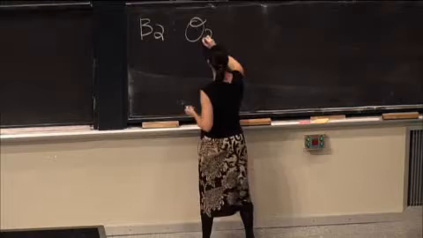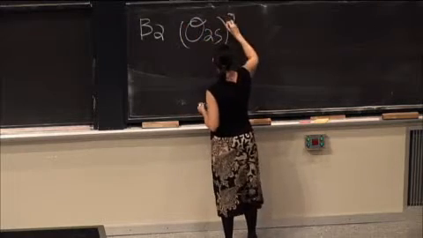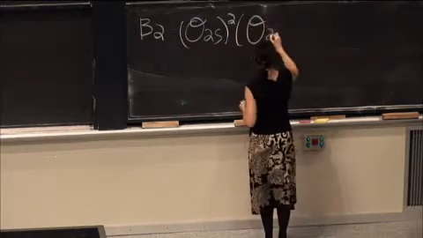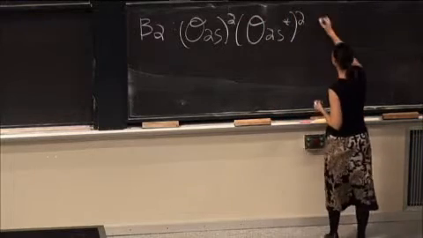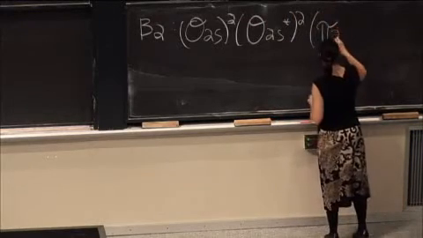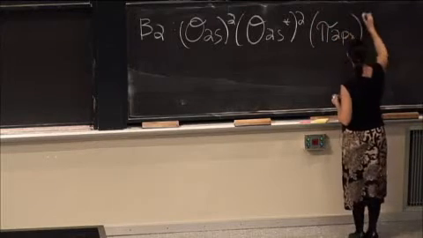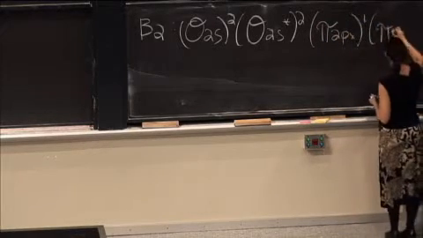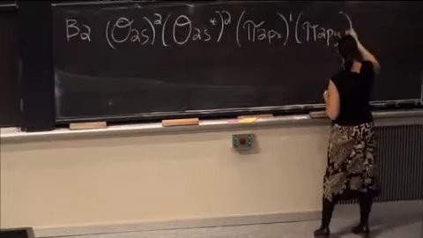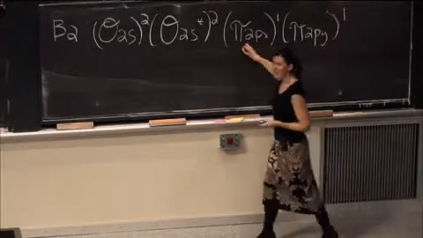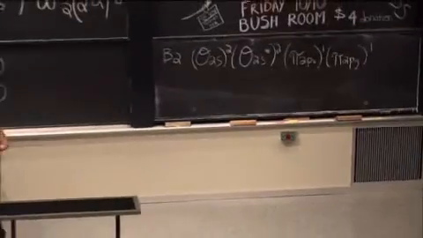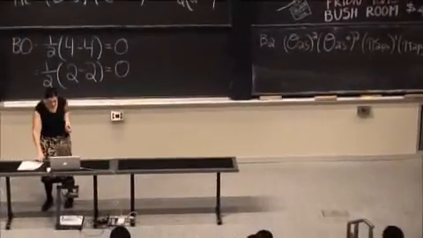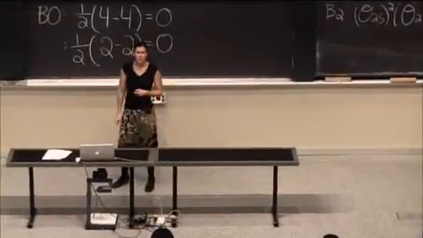So that will be sigma 2s 2, sigma 2s star 2, and now we start in with our pi 2px 1, and our pi 2py 1. So this is our valence electron configuration for B2. All right, so what would you expect the bond order for B2 to be?